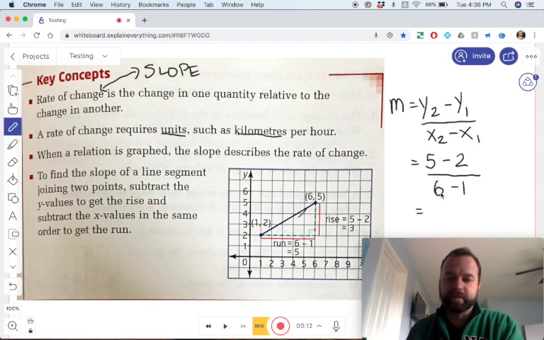Simplifying, I get 3 over 5. And again, because there's no units attached, this would be just a slope of 3 over 5. I know I'm going up 3 for every 5 units I move to the right. Okay, so up 3, that's the rise, and then right 5 units, that's the run.